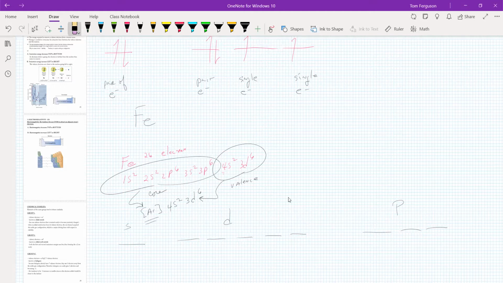Okay, so this is iron. We have 2 electrons in the S. We have 6 electrons in the D. So we're going to go 1, 2, 3, 4, 5, 6. So that's what iron looks like. How do they jump again? Was it energy or explosions or something?